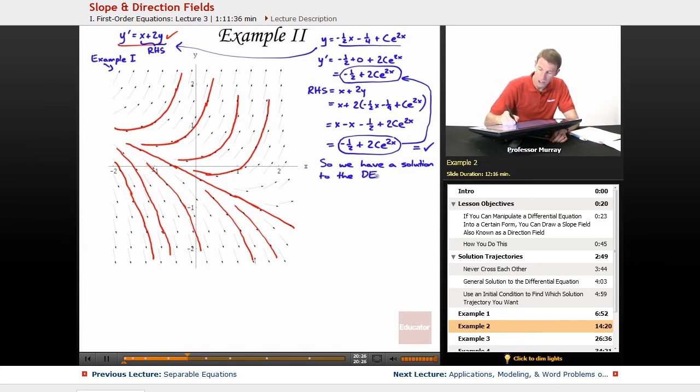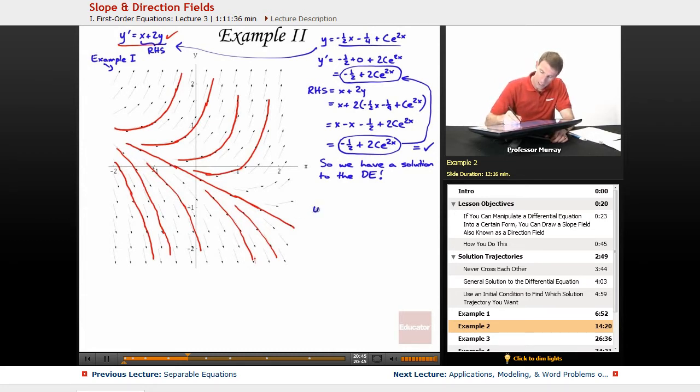We have found the general solution to the differential equation. And I got that just by plugging it into the differential equation and checking. And then the last thing we were asked to do is identify which of the solution trajectories correspond to which values of c in the differential equation.